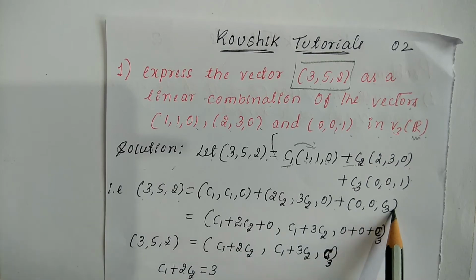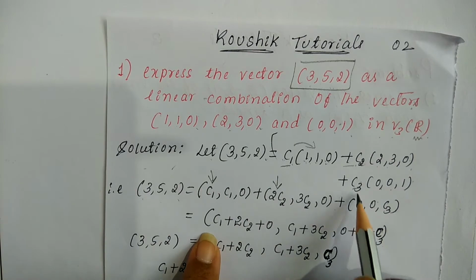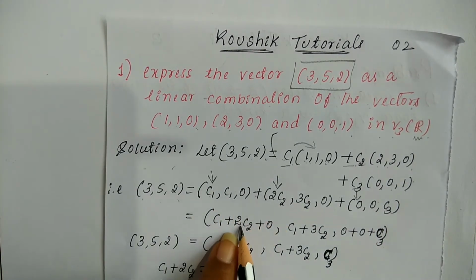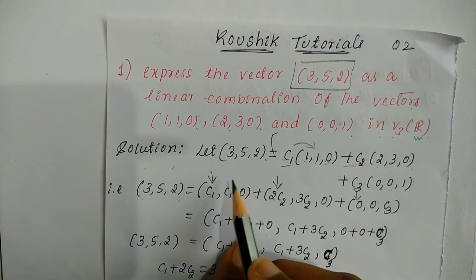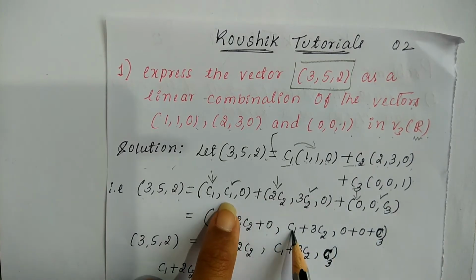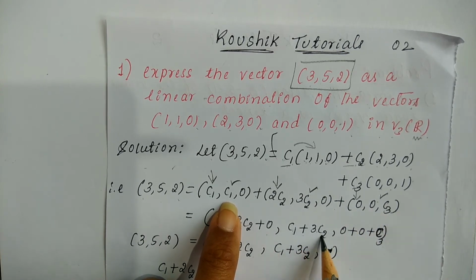Okay. So now take the first coordinate, that is C1 plus 2C2 plus 0. Is it okay? Second, that is C1 plus 3C2 plus 0, so I am just writing C1 plus 3C2.